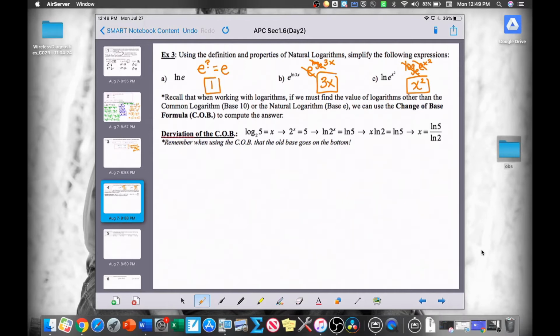If we take the natural log of both sides of the equation, we would have natural log of 2 to the x power equals natural log of 5. Then we can use the exponent property and bring that exponent on the 2, which is x, in front of the ln 2. And then finally, we can solve for x by dividing by natural log 2. So that's how the change of base works.